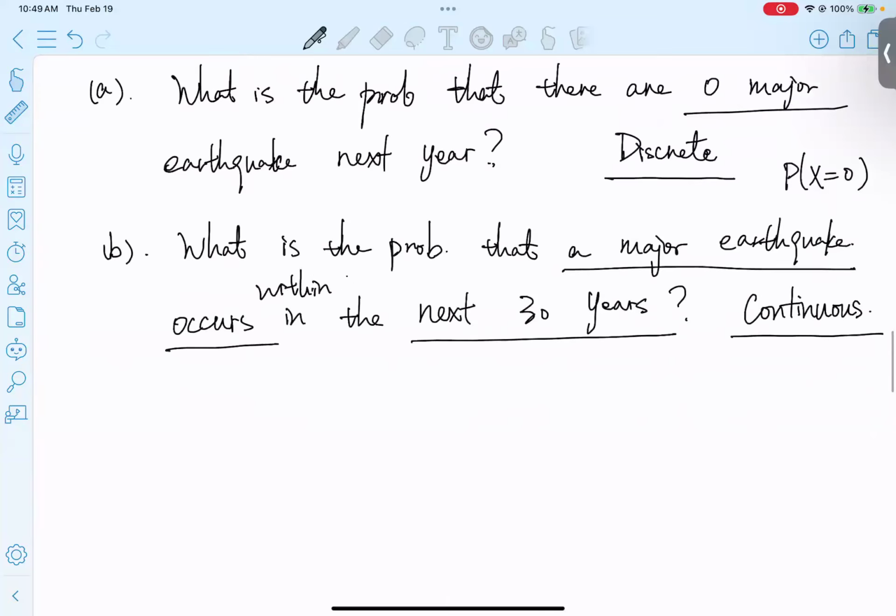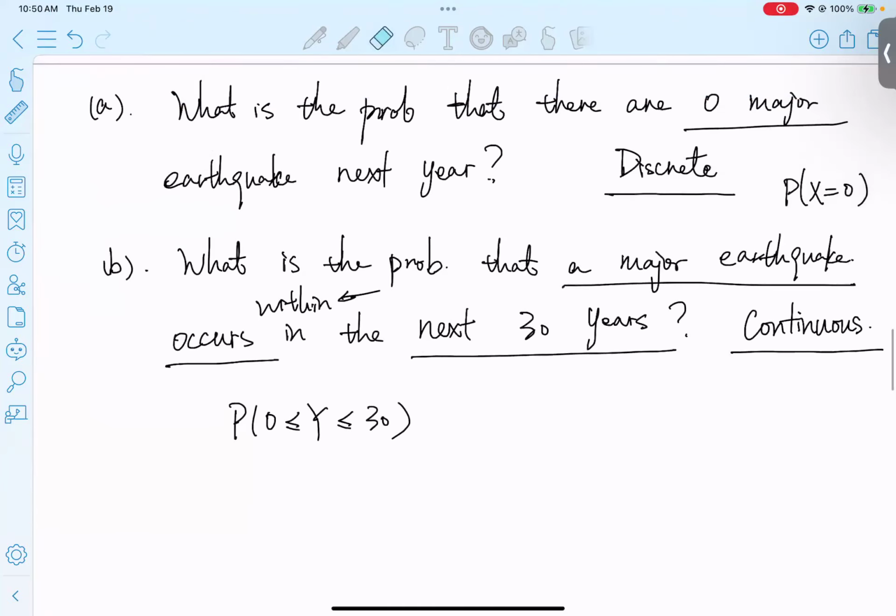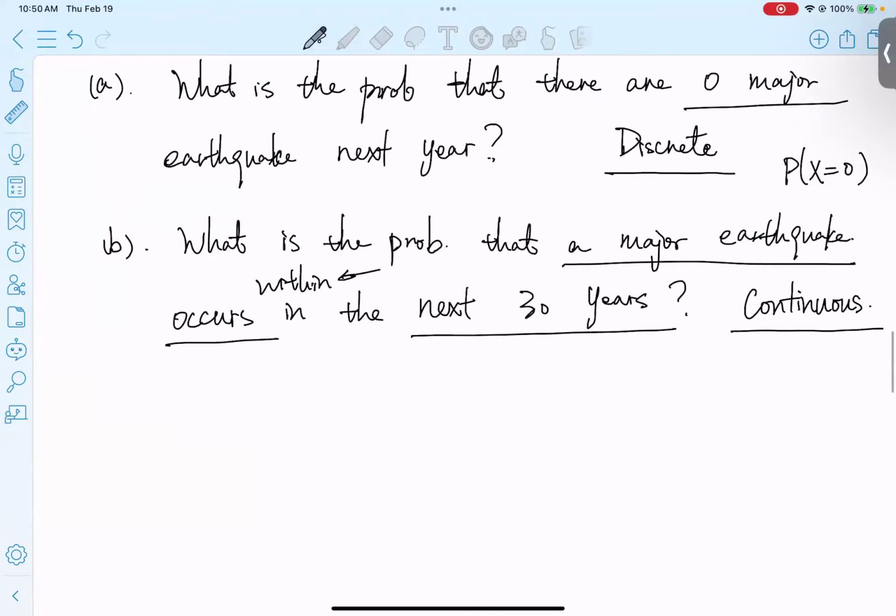So it really depends on how we choose to write things in words, and that could cause the differences here. In this case, I want to measure the probability of Y between 0 and 30, so it's a continuous time window. That is how I would consider this question. Maybe we can talk about this later, and let me just finish the calculation here.